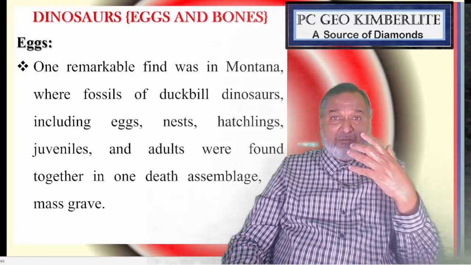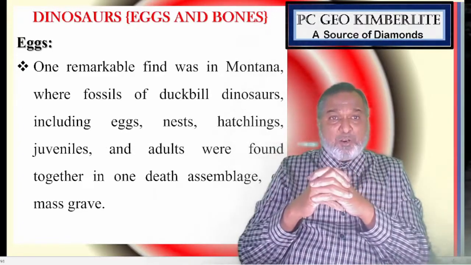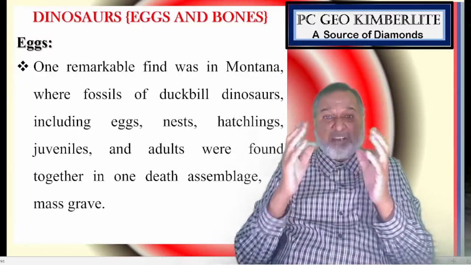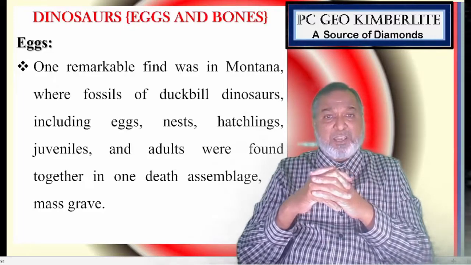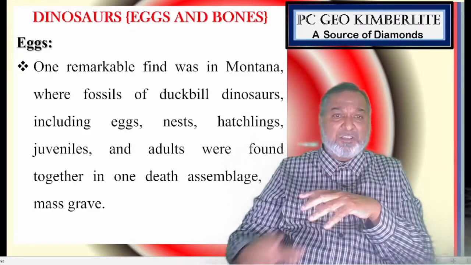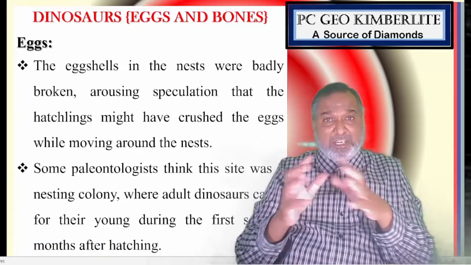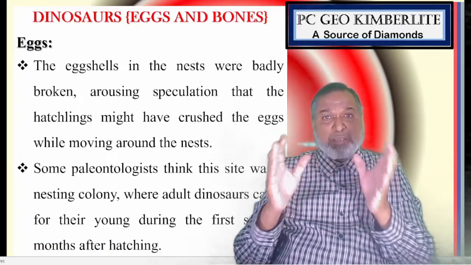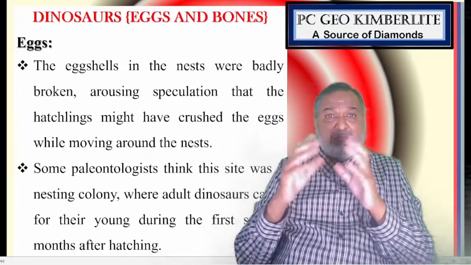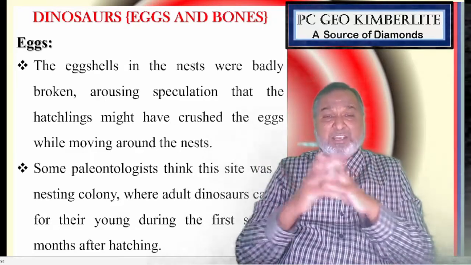One remarkable find was in Montana, where fossils of duckbill dinosaurs, including eggs, nests, hatchling juveniles and adults, were found together in one death assemblage or mass grave. The eggshells in the nest were badly broken, assuring speculation that the hatchlings might have crushed the eggs while moving around the nest.